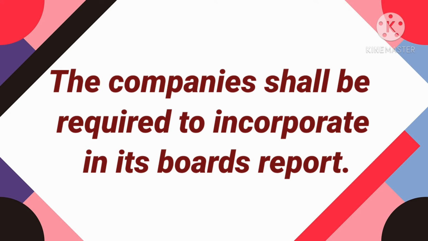The B part, the composition of the CSR committee. The next C, average net profit of the company from last 3 financial years. The next D, prescribed CSR expenditure.